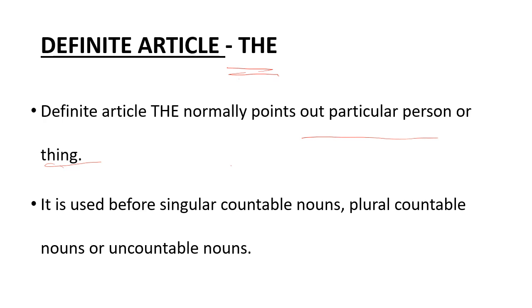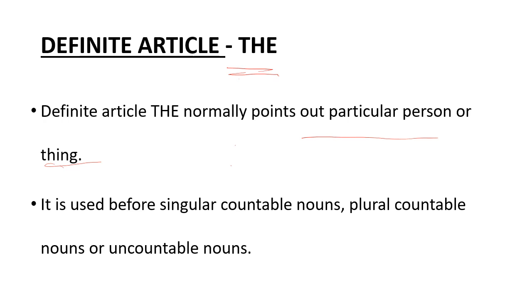This boy is being introduced for the first time, that's why a. Now I want to speak further about the same boy, so I'll say the boy was wearing a white shirt. So now in the next sentence, the boy is for the same boy which was introduced in the first sentence. It is the particular boy, so we are using the boy.